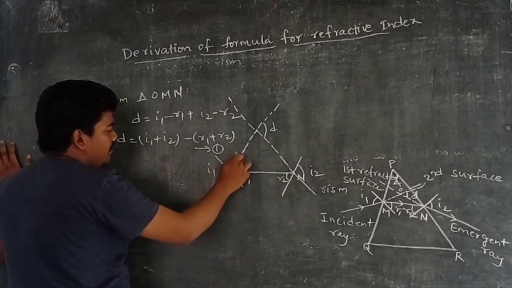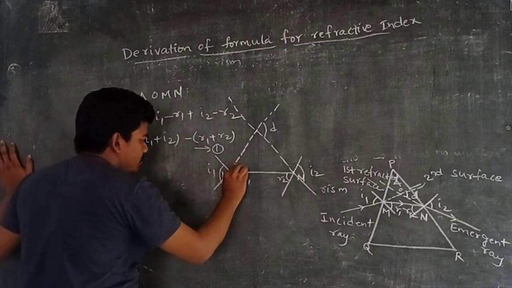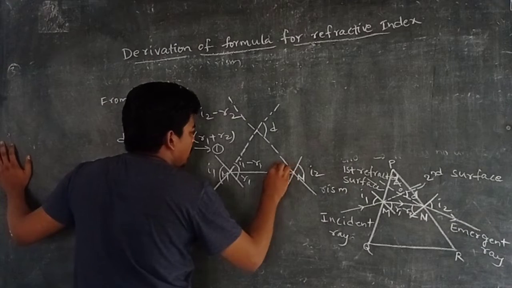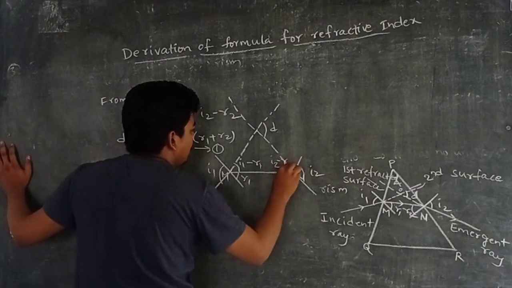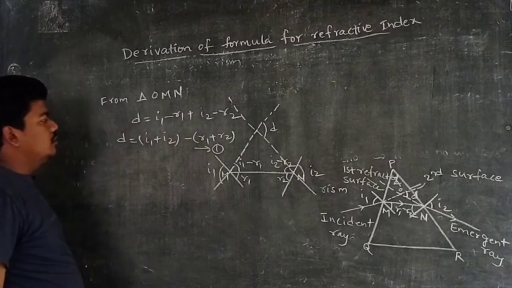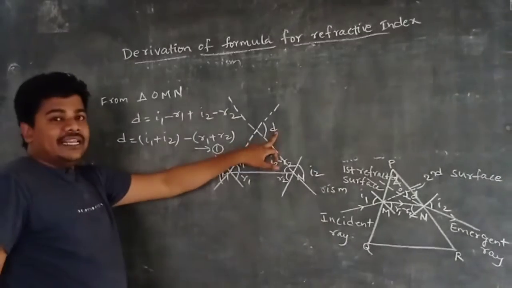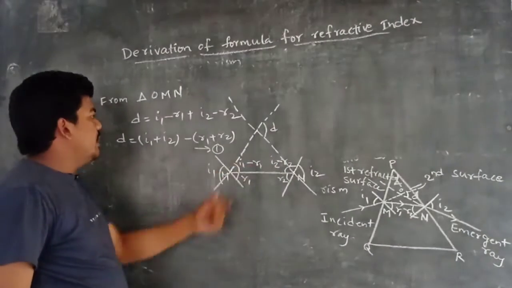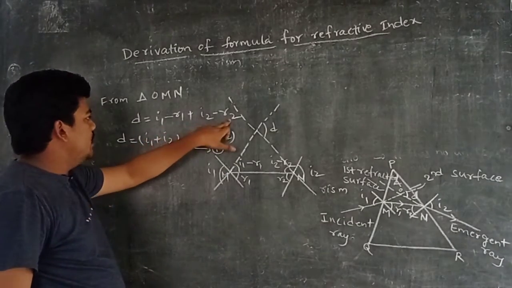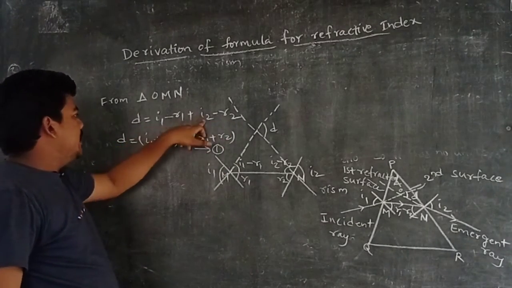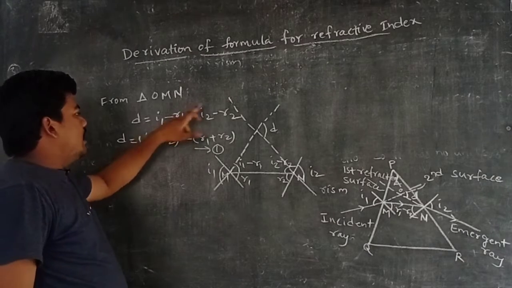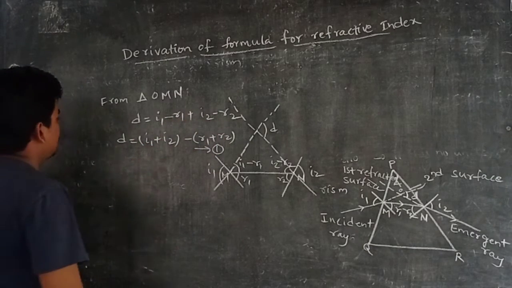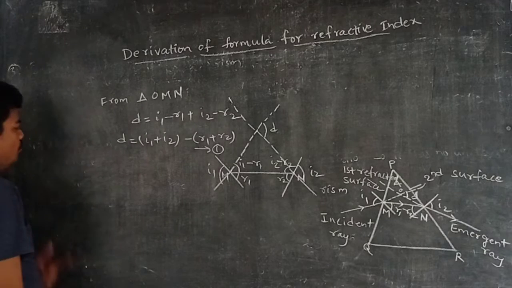Total I1 minus R1 here, and I2 minus R2 here. The exterior angle is equal to the sum of the two interior angles, so I1 minus R1 plus I2 minus R2. I1 plus I2 minus the common R1 plus R2. So D is equal to I1 plus I2 minus (R1 plus R2). This is taken as equation number 1.